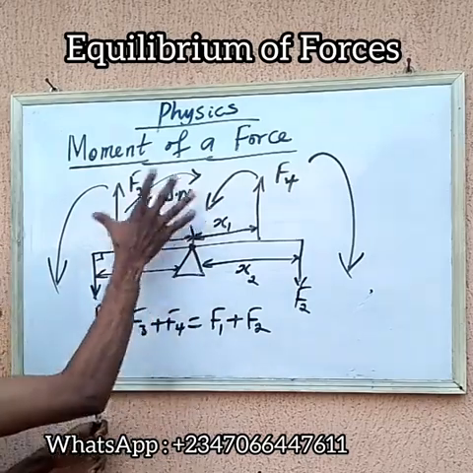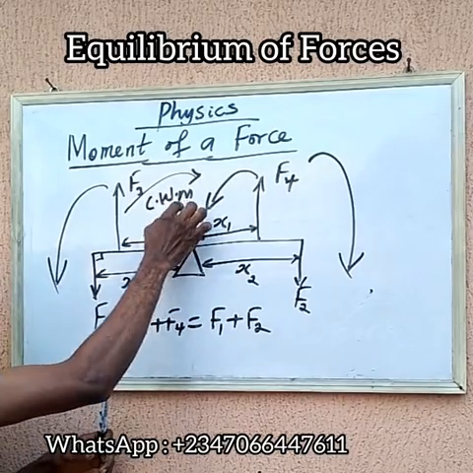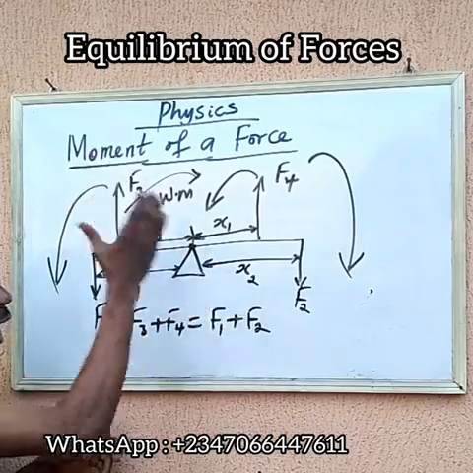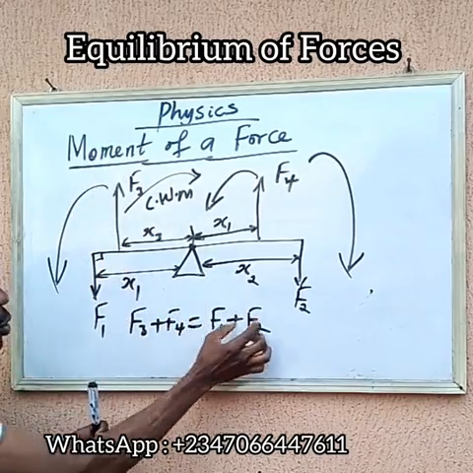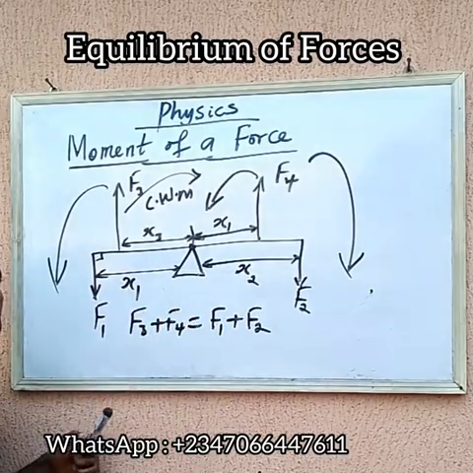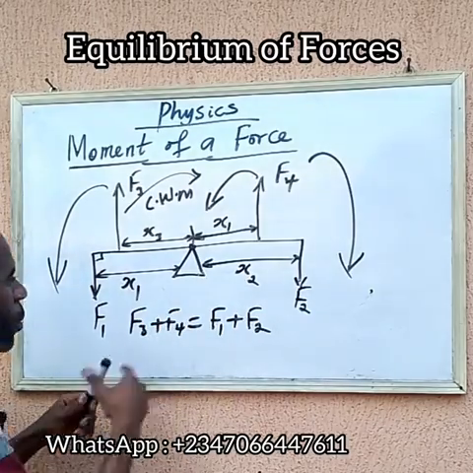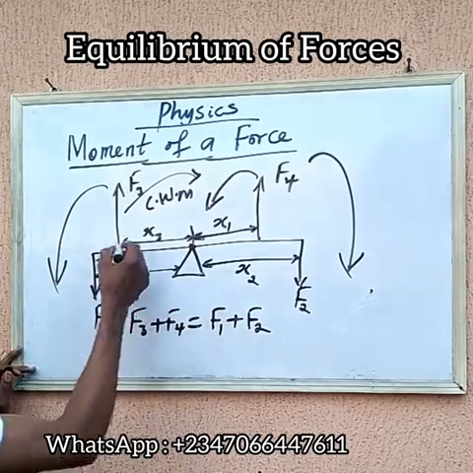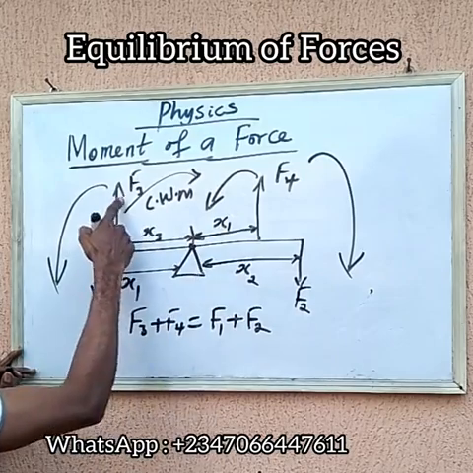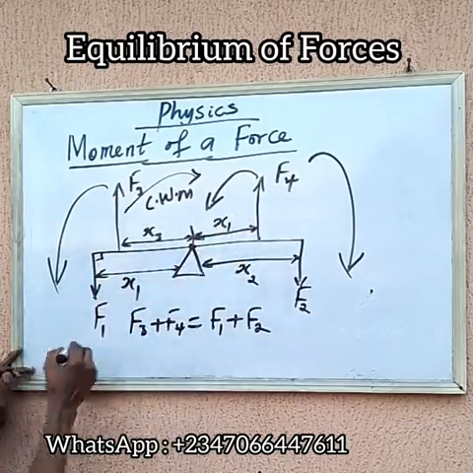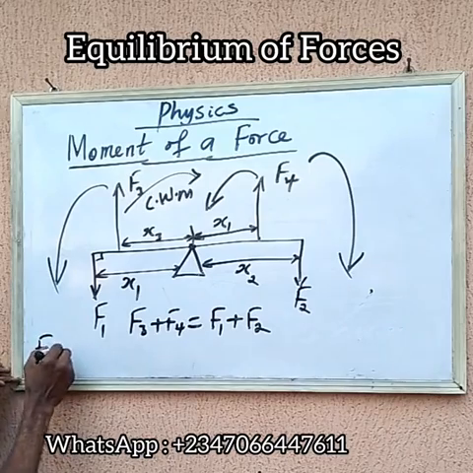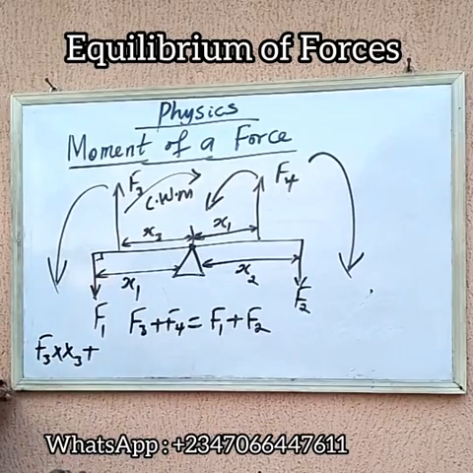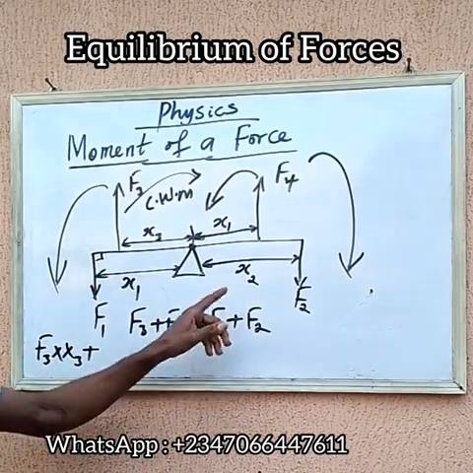So for equilibrium to exist, if there are 3 or 4 forces acting upward, we must add them together to give us a sum equal to the sum of the downward forces. Then the clockwise moment here, what is the clockwise moment? Like I said earlier, F3 here is going like this, which means F3 multiplied by the distance X3, plus, which other one again is clockwise?